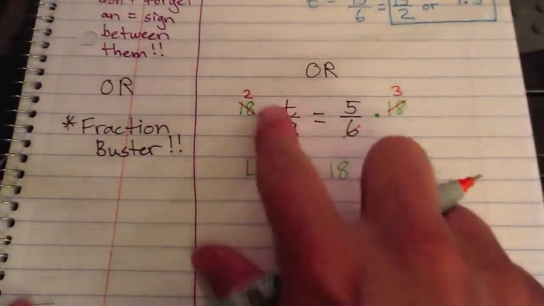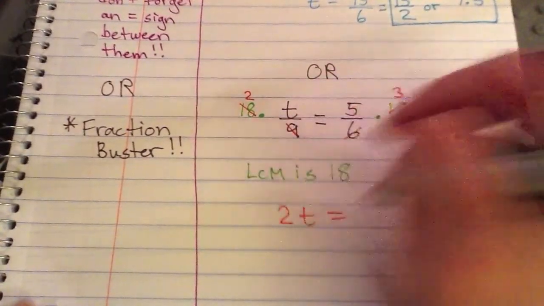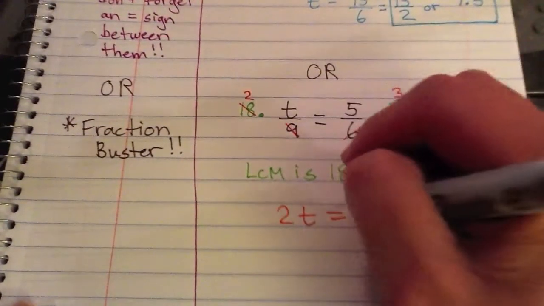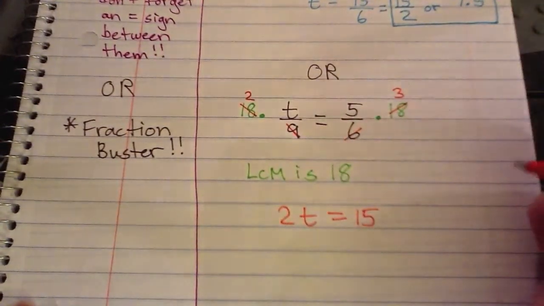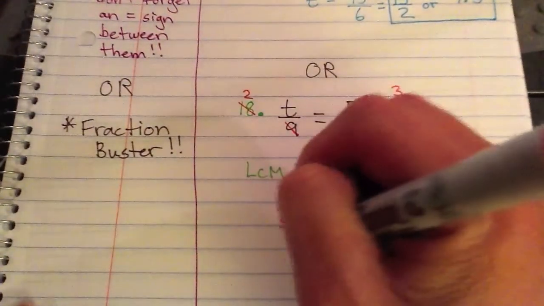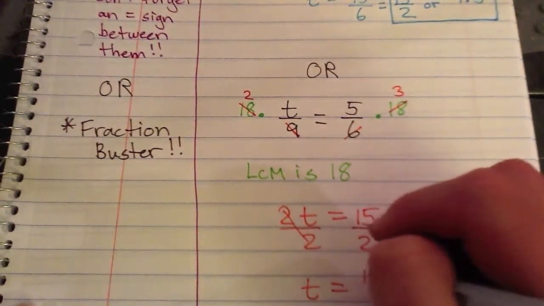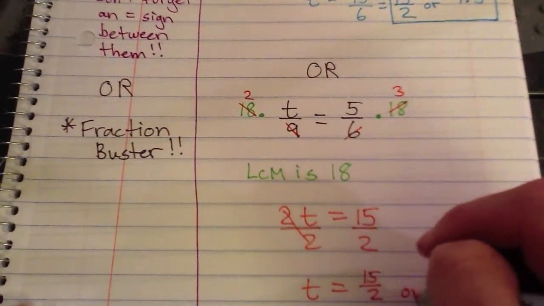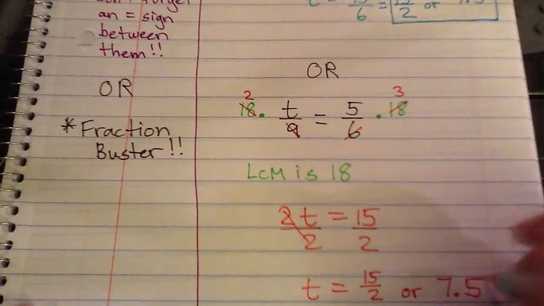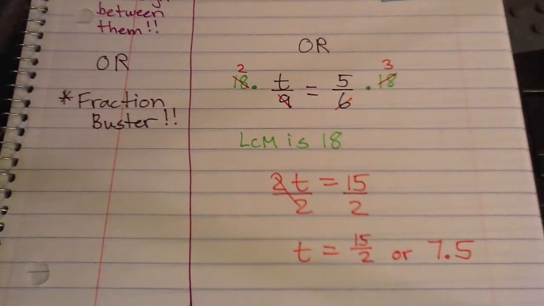And now we have 2 times t, which is 2t, equals 5 times 3, which is 15. You're solving for t, so you divide both sides by 2, and you get t equals 15 over 2, or 7.5. And notice it's the exact same answer. Answer should not change.